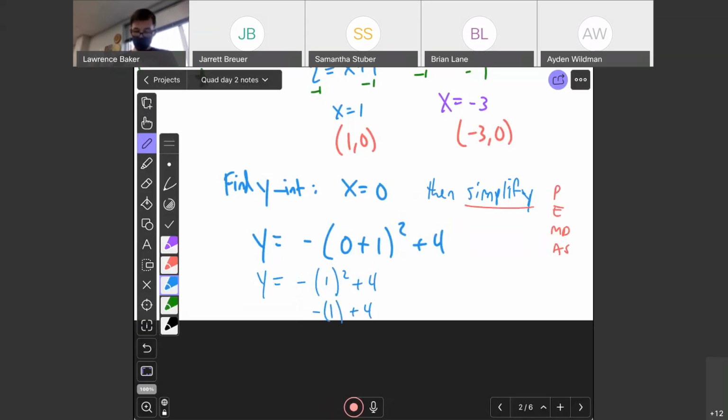Now negative. Remember what this is like. There's a negative 1 right here times 1. Negative 1 times 1. That's why it happens at the multiplication level. So y equals negative 1 times 1, of course, is just negative 1 plus 4. Negative 1 plus 4 is 3. That means our y-intercept is at (0, 3).